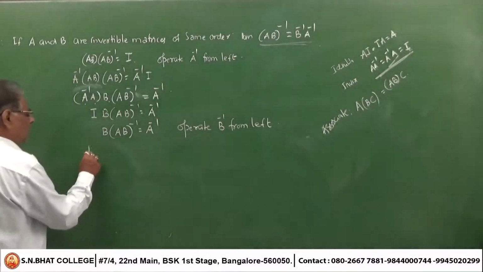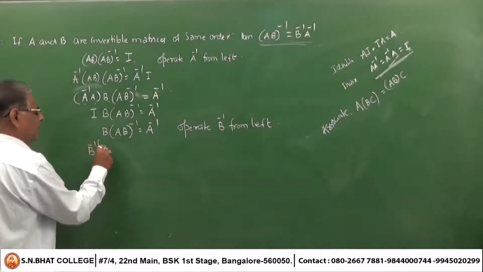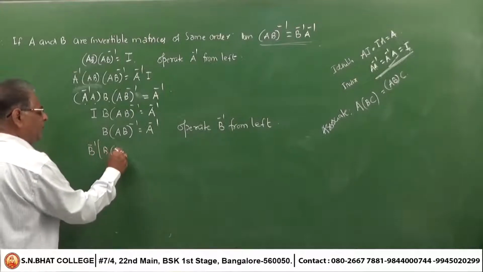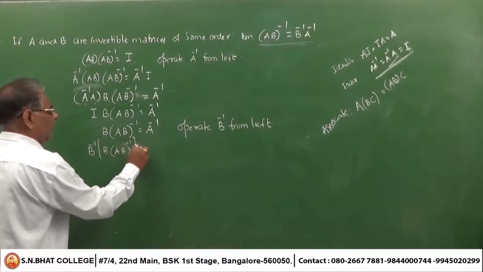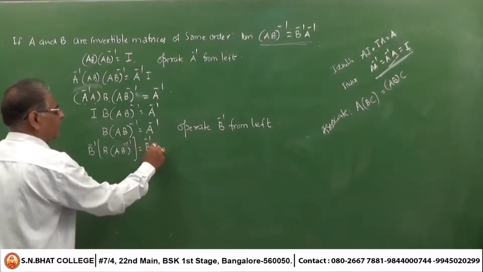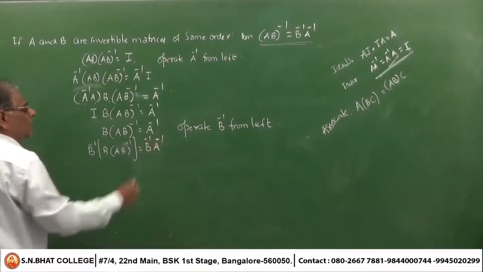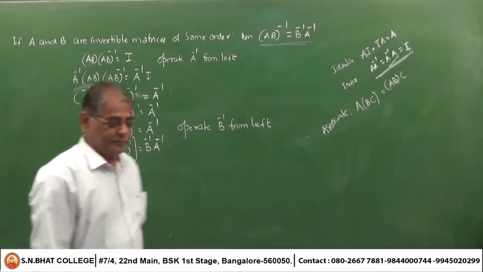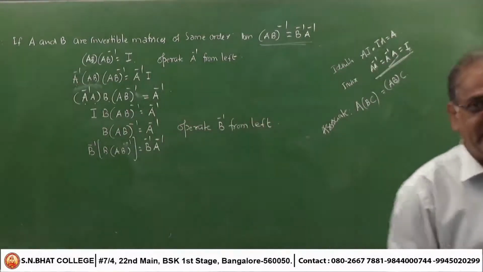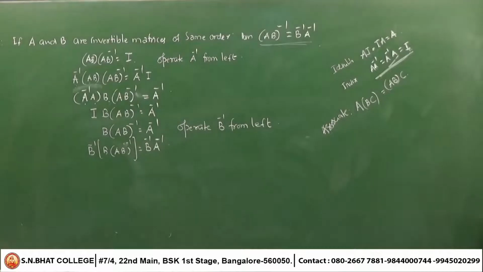This is B inverse into B into AB whole inverse is equal to B inverse into A inverse.